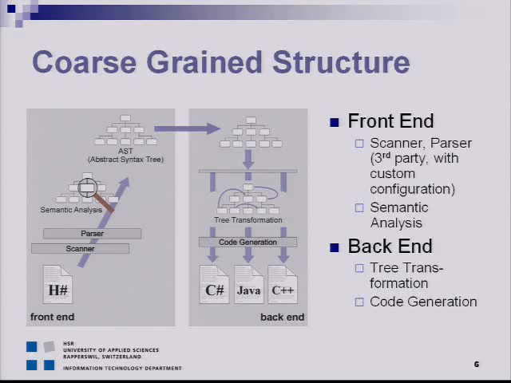The scanner and the parser were not developed in this project, but are third-party software by Peter Messenbeck of the Linz University in Austria. But the parser had to be configured. That is, a grammar had to be written.